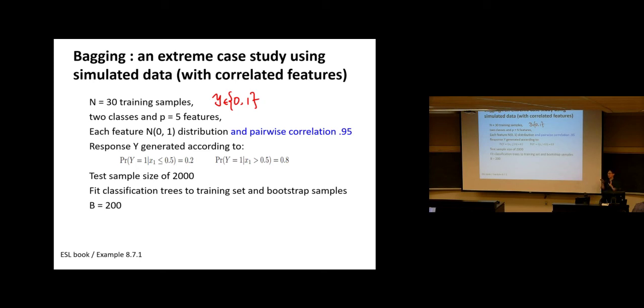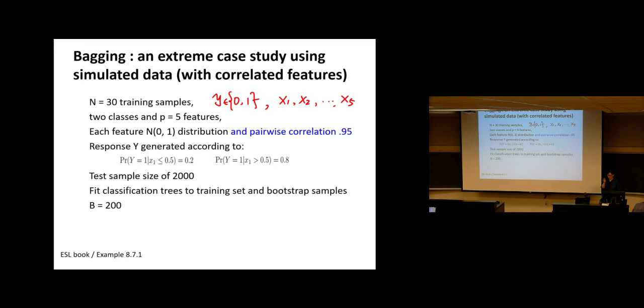In the end, you're simulating data to check the performance of your method, so this is a very good sanity check. Now I'm generating x1, x2 up to x5, and they are almost the same feature. Each feature is very correlated with the others.